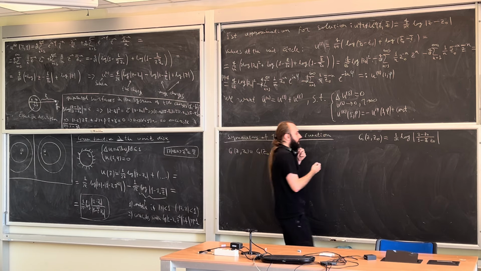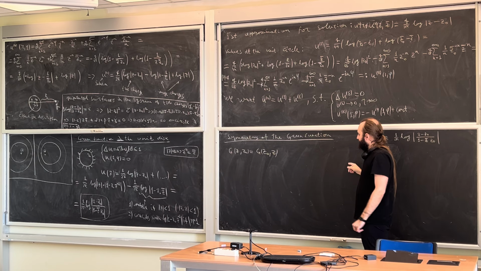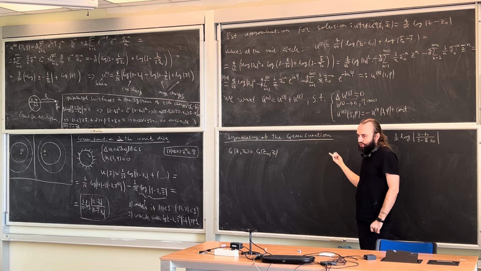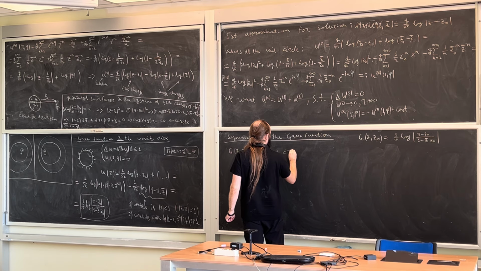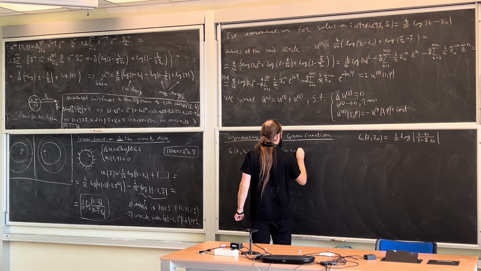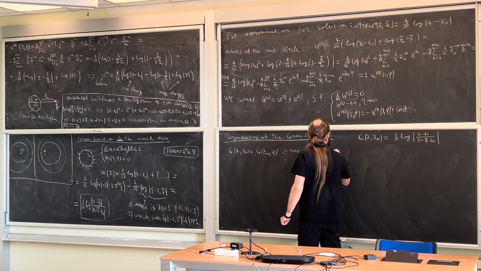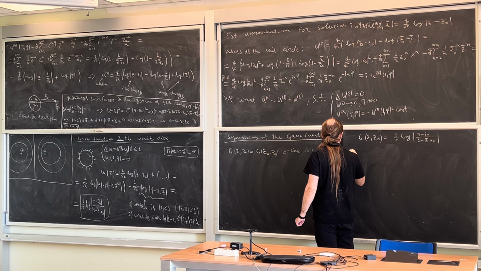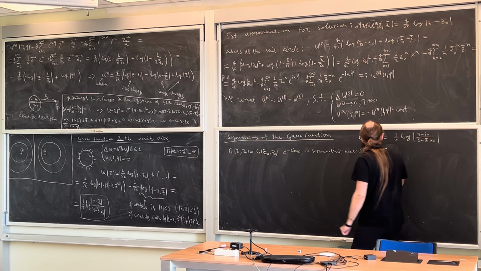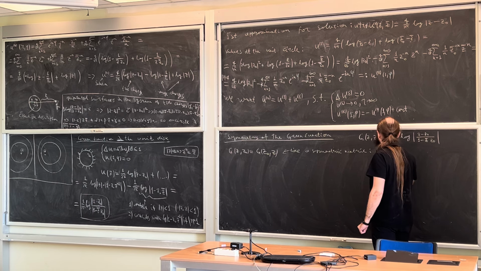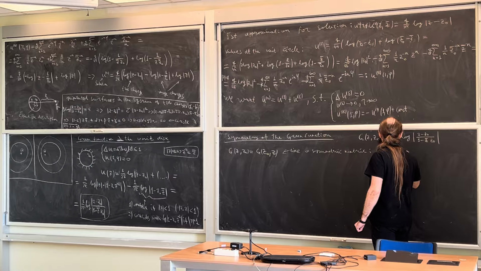And now let's understand the origin of this symmetry. So it looks like a symmetric matrix, in the sense that G of ij equals G of ji.